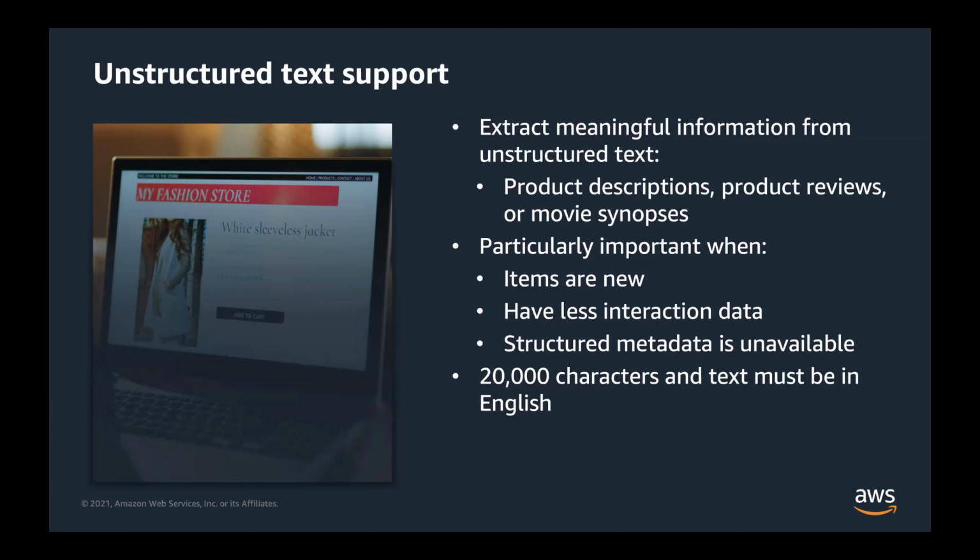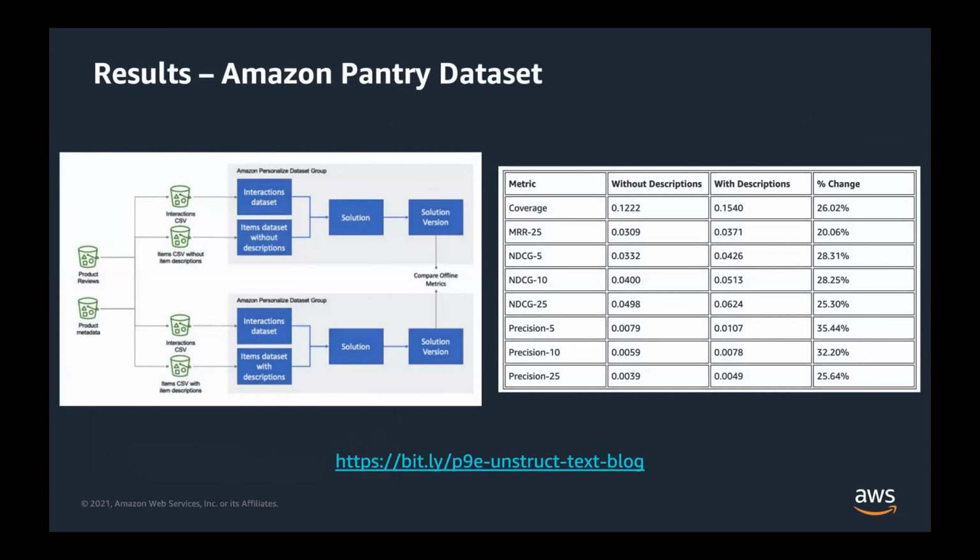This feature is currently limited to English only, and it looks at up to the first 20,000 characters in that description. We'll be working on adding support for other languages in the near future. Here are some results that we've seen with some of our test datasets. This one is with the Amazon Pantry dataset from Amazon Reviews.